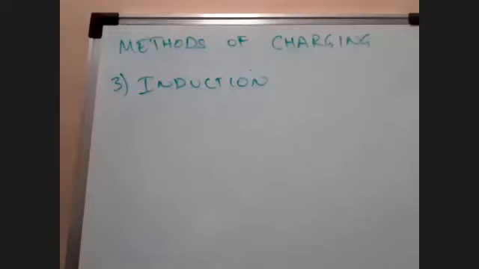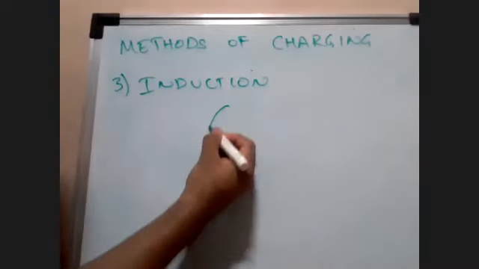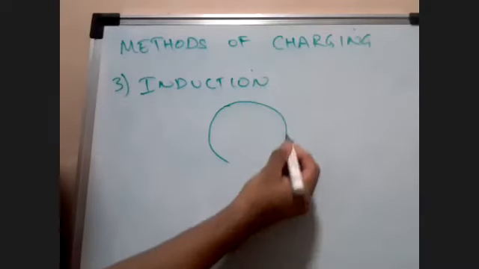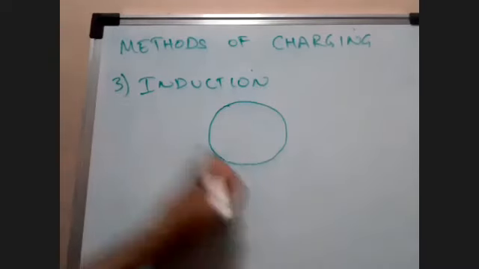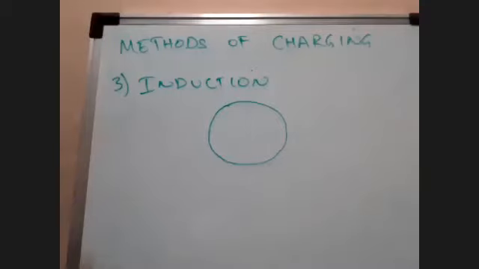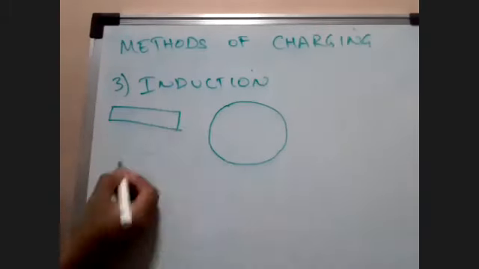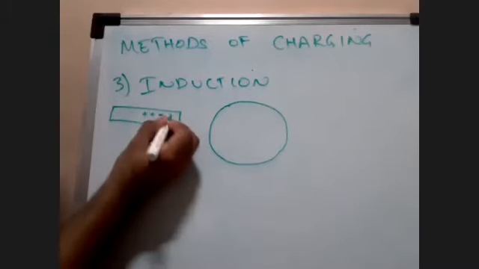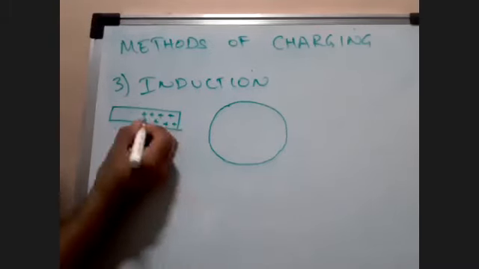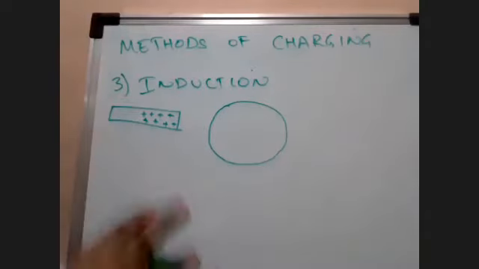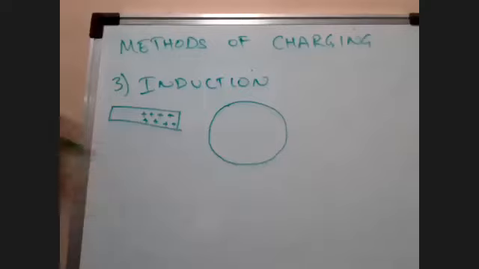This example is even in your NCERT books. You have, say, a sphere, and you are bringing a charged object right over here. You're not touching it, you're not rubbing it, you're just bringing it close to it.